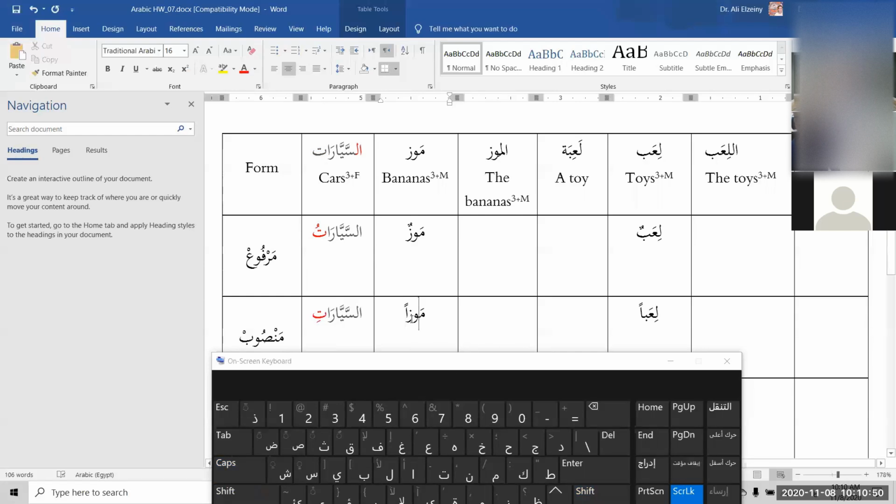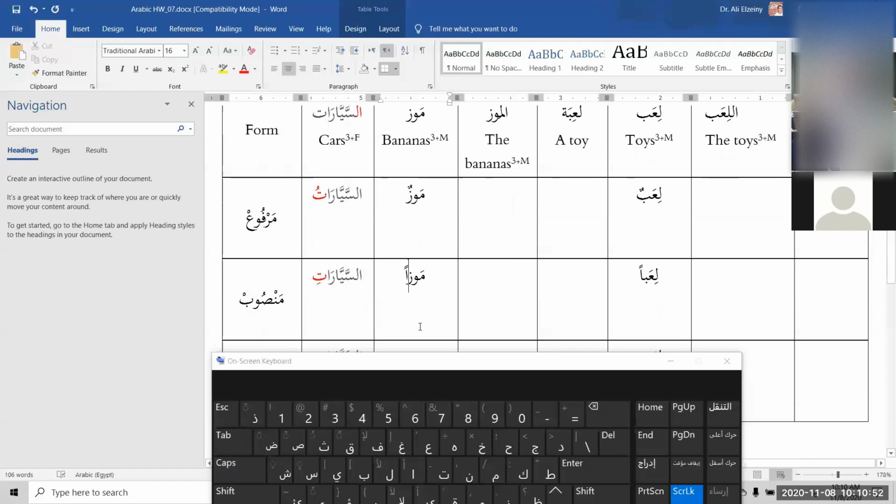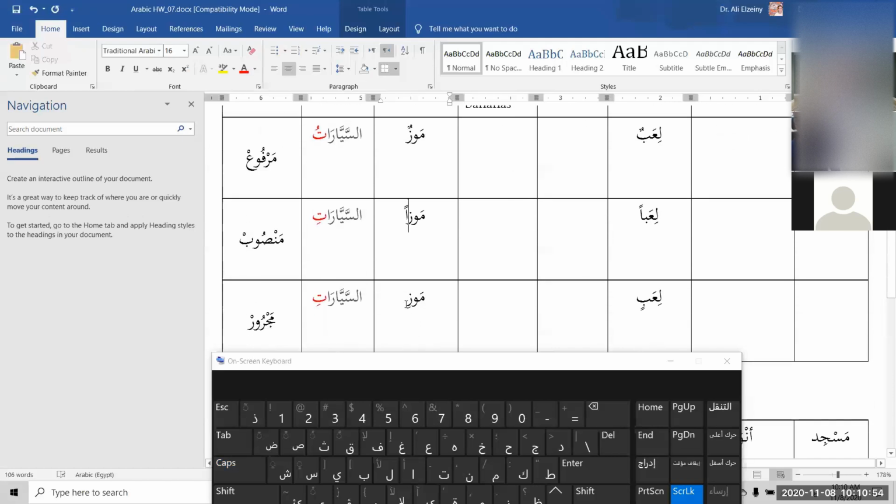Why? Because tanween fatha has to be on an alif, just like we explained. This one, for the same reason, is going to be tanween kasra. Mawzun, mawzan, mawzin.